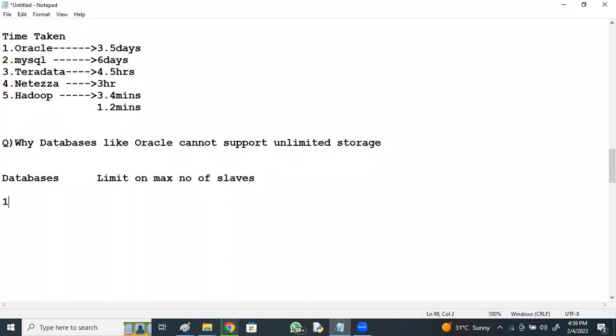For example, Oracle can go with max 256 slaves, meaning nodes or systems. Nodes, slaves or systems, whatever I say.